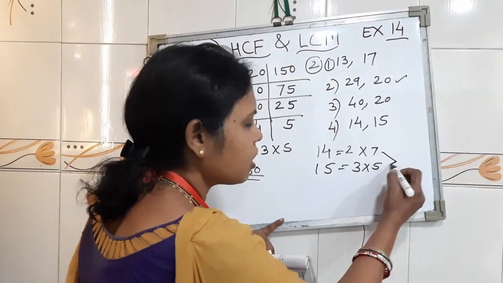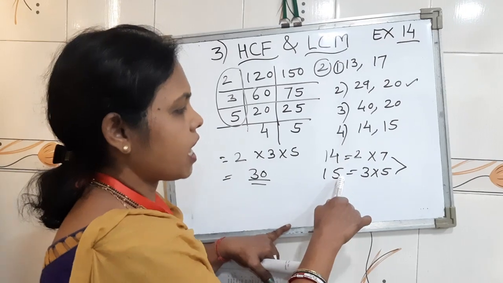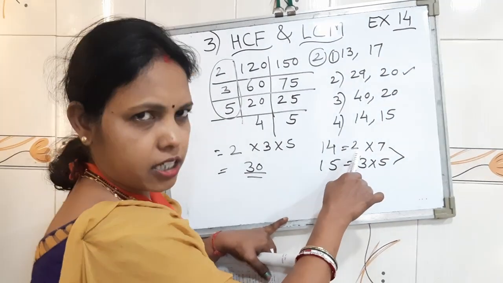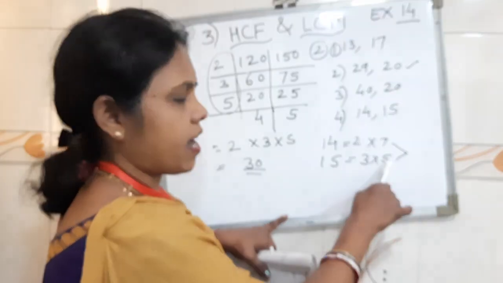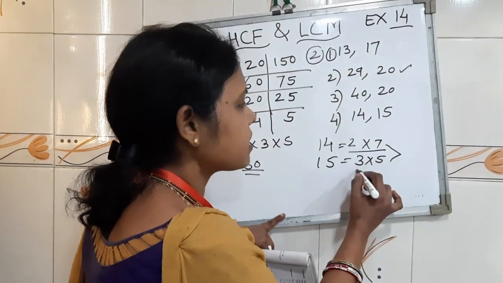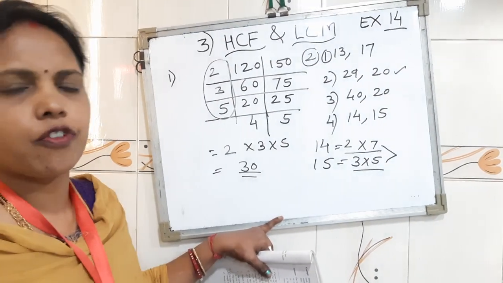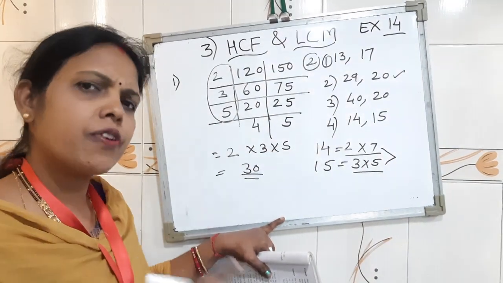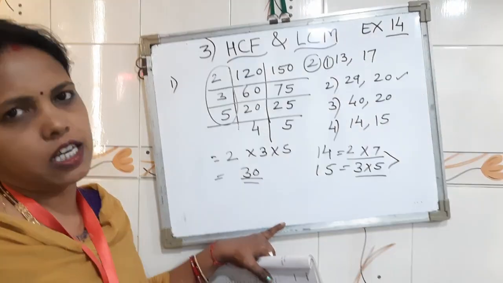As we can see, for both numbers 14 and 15, the factors we got are 2, 7, 3, 5. Here also no number is common. Therefore we can say that 1 is common, and that 1 is the HCF.